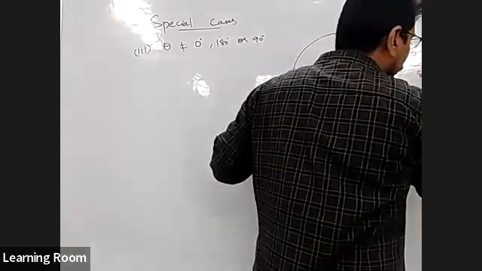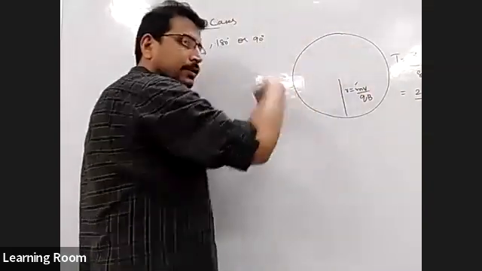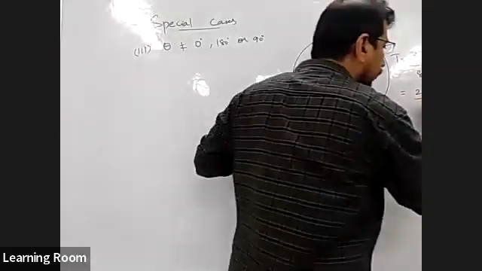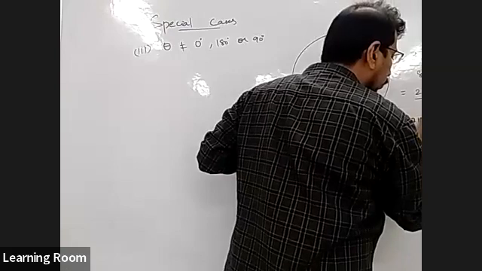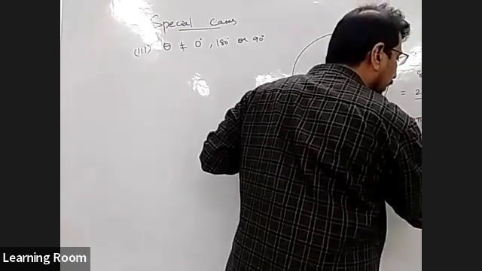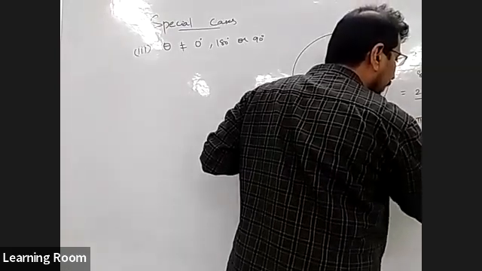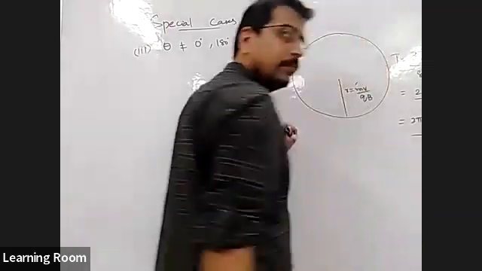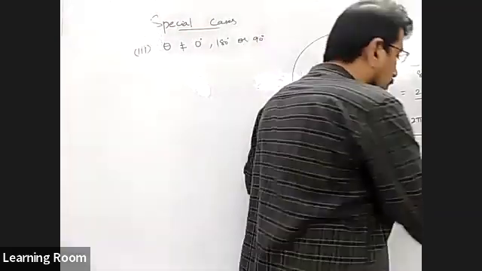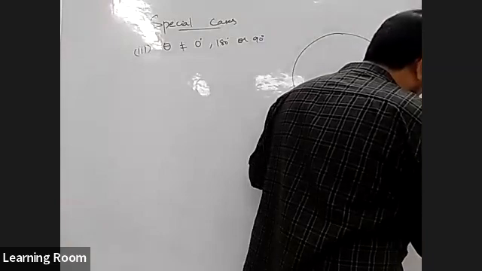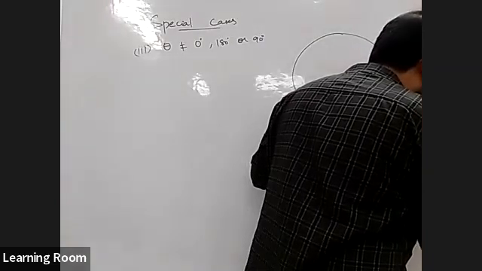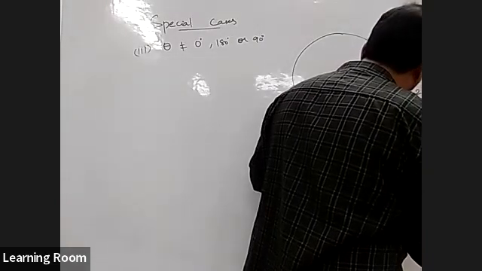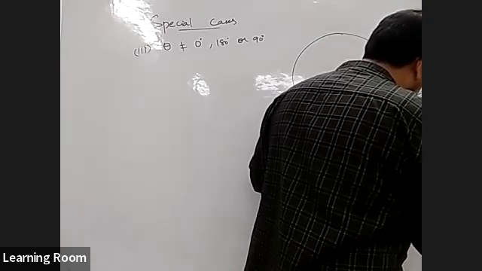We cover a distance of 2 pi r in one revolution, divided by v. So 2 pi into r, which is mv divided by qB, the whole divided by v. So v and v are cancelled, and this will be 2 pi m divided by qB. Let this be the time period.